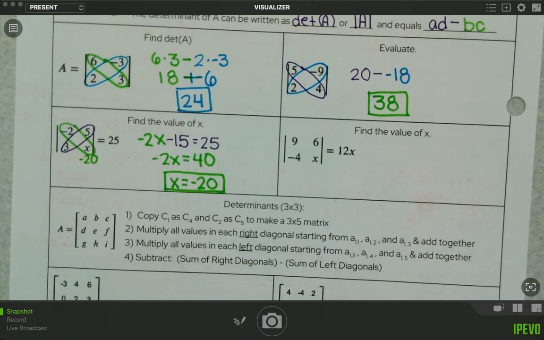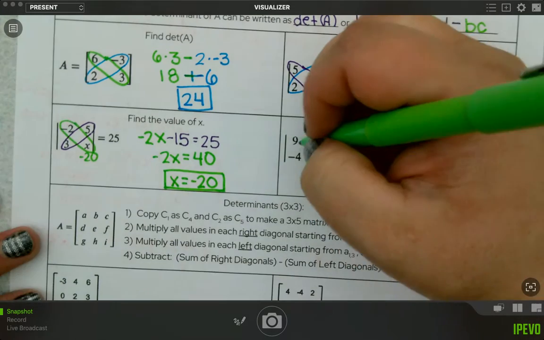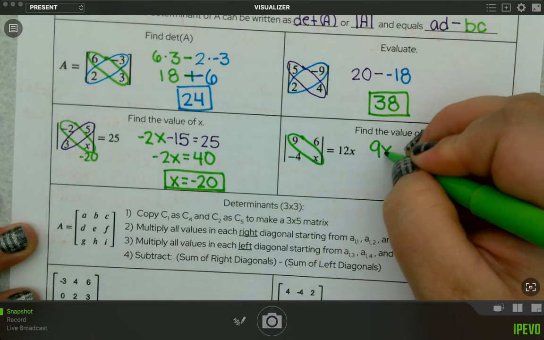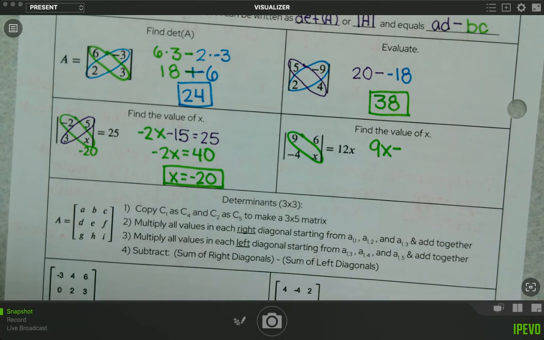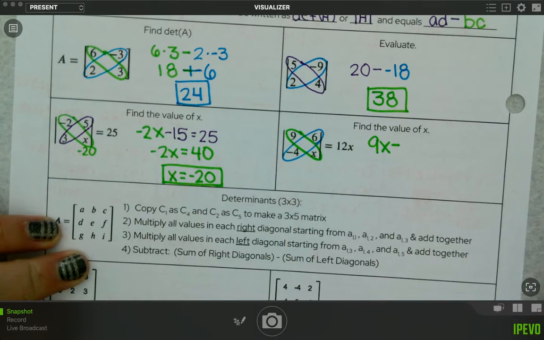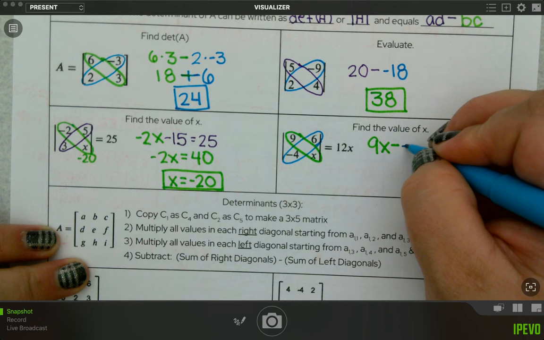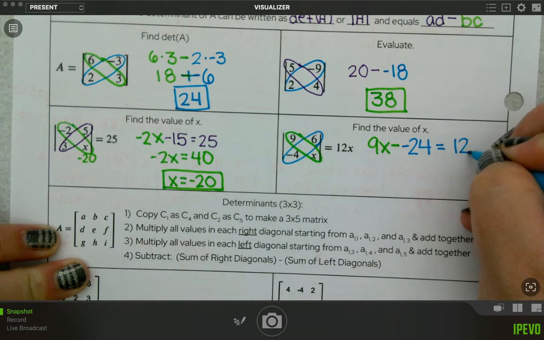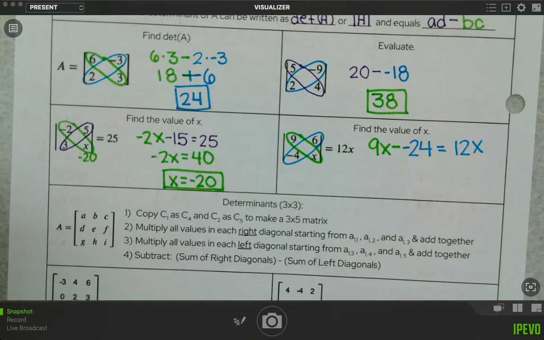Okay, this one's a little bit trickier. This first diagonal is 9x minus the other diagonal. 6 times negative 4 is negative 24, equals 12x. So there's an x on both sides.